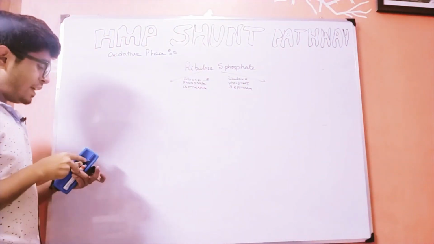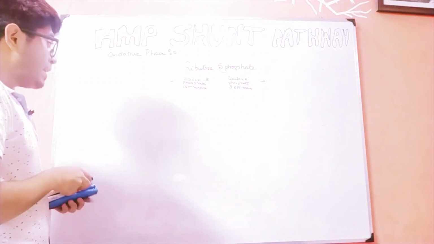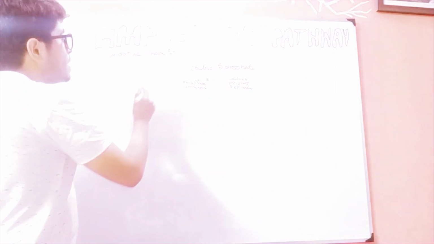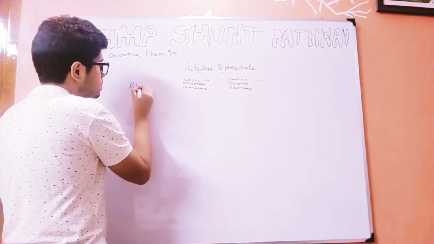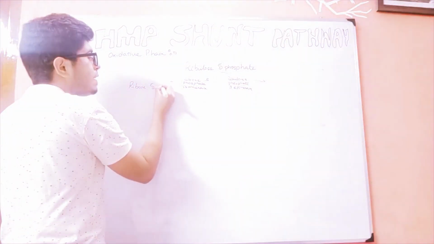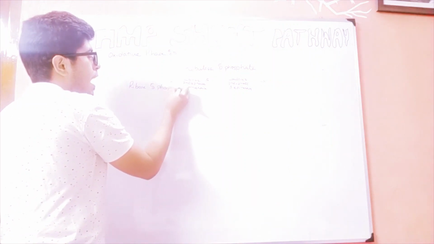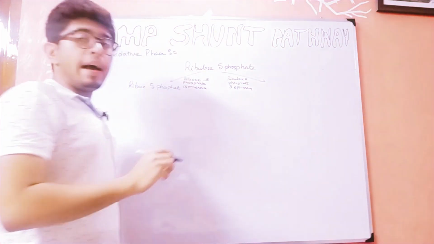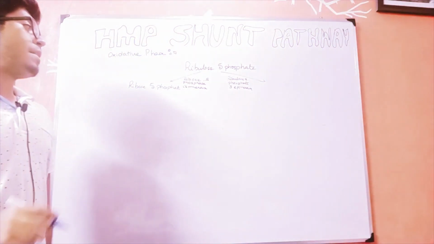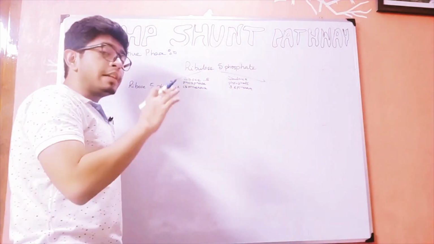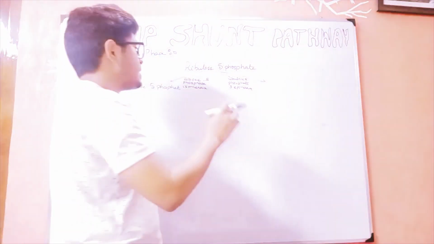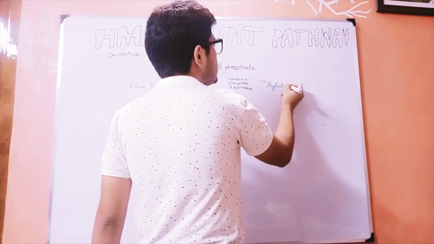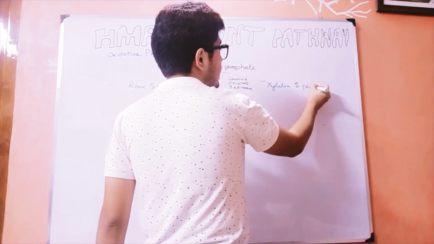Ribulose 5-phosphate, when acted upon by ribose 5-phosphate isomerase, gives rise to ribose 5-phosphate, and ribulose 5-phosphate, when it is acted upon by ribulose 5-phosphate 3-epimerase, gives rise to xylulose 5-phosphate.